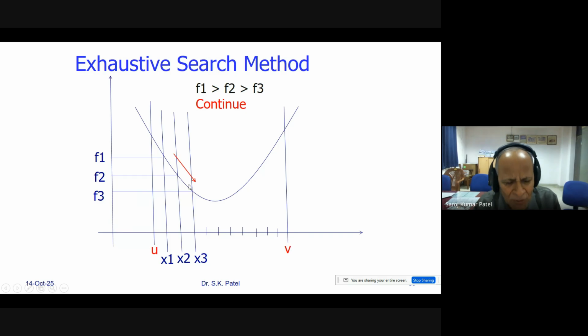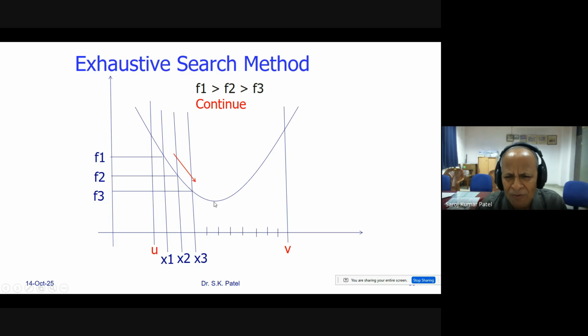So we are more and more happy. It means we are proceeding towards lower and lower values. So the decision would be, let us proceed further. That means let us find the f at the next points. So long as we get f1 greater than f2, and then greater than f3, at three consecutive points, the search proceeds in the forward direction.